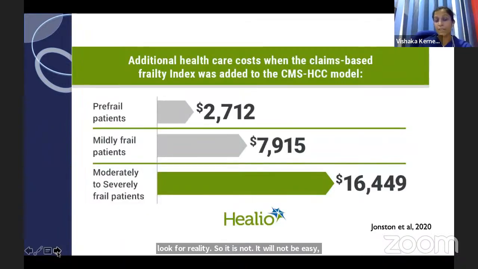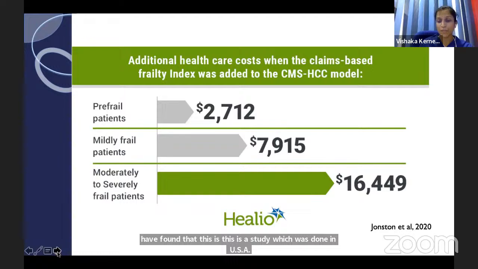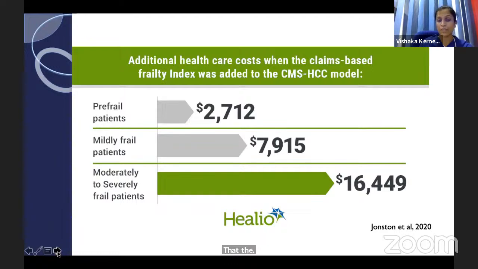The other thing is they also found, in a study done in the USA, that the healthcare cost of severely frail patients is much higher compared to mild or pre-frail patients.